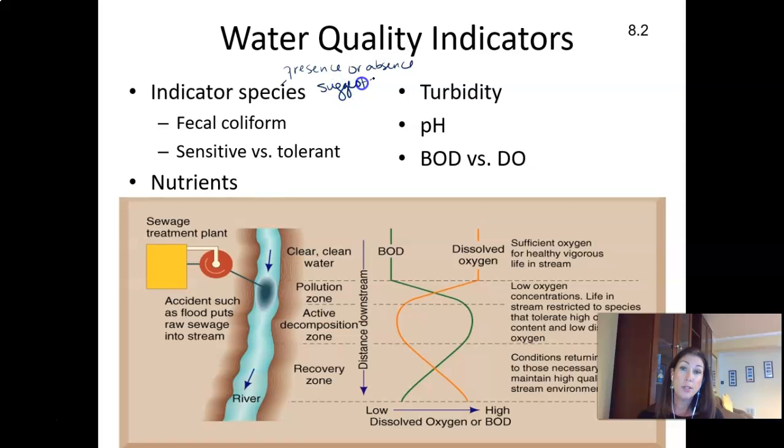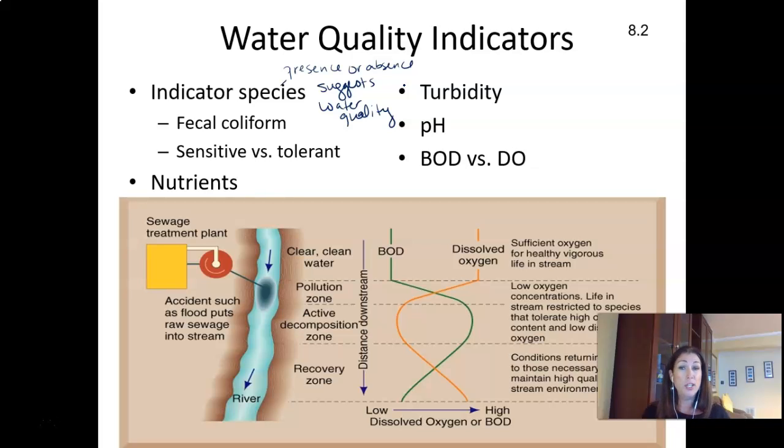So, for instance, fecal coliform are found in the intestines of mammals. They are bacteria that are found in your intestines. If we find fecal bacteria or fecal coliform in our waterways, what that means is something that was once in a mammal's intestines is now in your water, which means there is poo in your water.